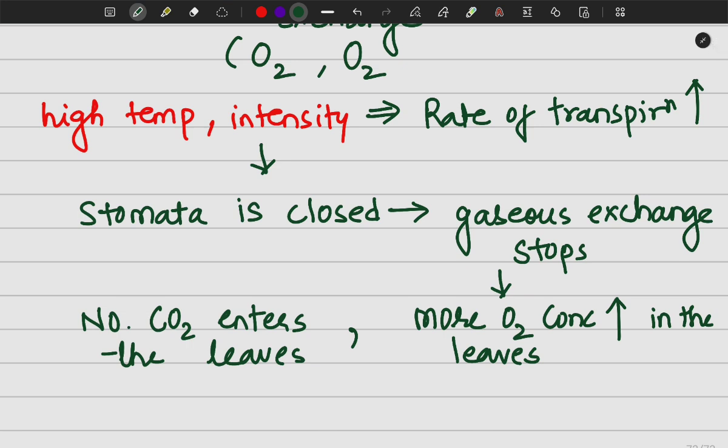So the carbon dioxide which was entering from the atmosphere through the stomata cannot enter now inside the leaves, and the oxygen which was being produced during the photosynthesis was released out of the leaves through the stomata, now cannot leave the stomata, and hence the oxygen concentration starts to increase inside the leaf or inside the chloroplast of the leaves.